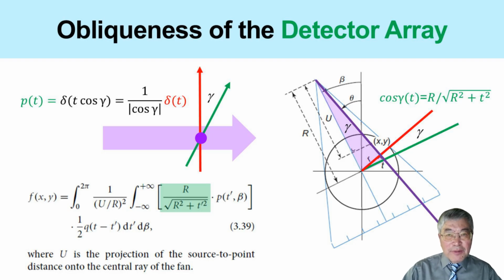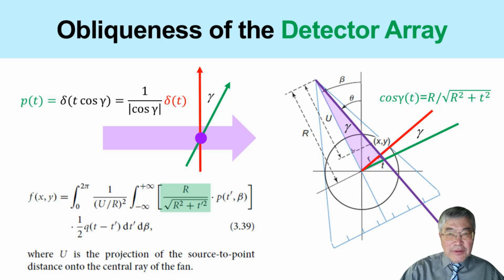Now, in fan beam geometry, the detector is not always perpendicular to every X-ray beam. Here, the green line represents the fan beam detector, and the purple X-ray beam hits this detector at an oblique angle. Because of this oblique angle, the same point object casts a stretched shadow on the detector. In other words, the projection of the point is magnified along the detector line.